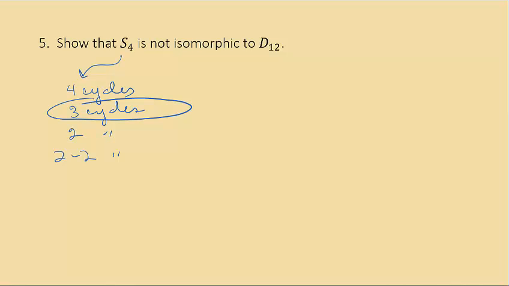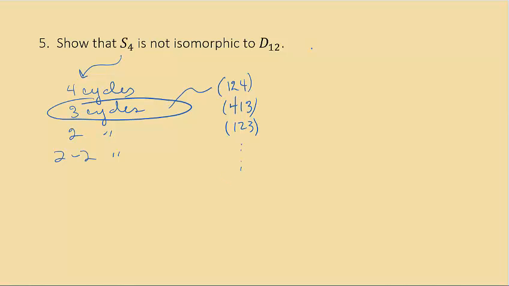Those are of order 3, and we have several of them, all the 3 cycles in S4. We don't really have to count them, but just so you know what I mean by 3 cycle, elements like (1 2 4), (4 1 3), (1 2 3). Those are 3 cycles, and they all have order 3.